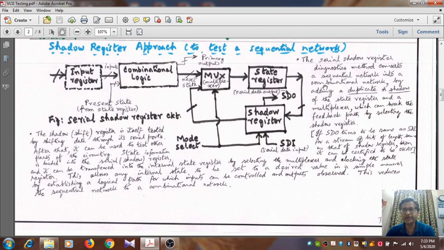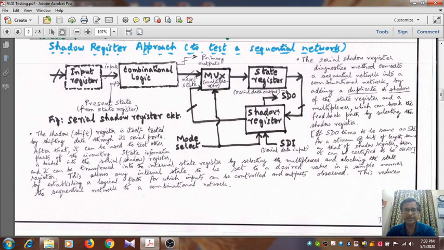The serial shadow register diagnostics method converts a sequential network into a combinational network by applying a duplicate or shadow register. So this duplicate or shadow of the state register is what? You can insert values from the state register to this shadow register. This shift register should have serial input serial output ability or parallel input parallel output ability.